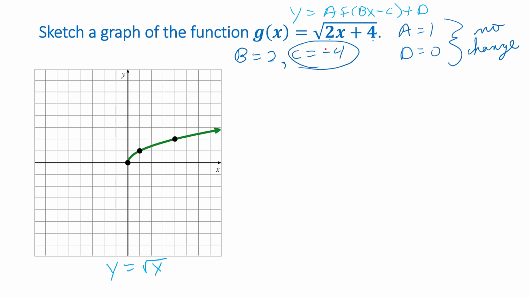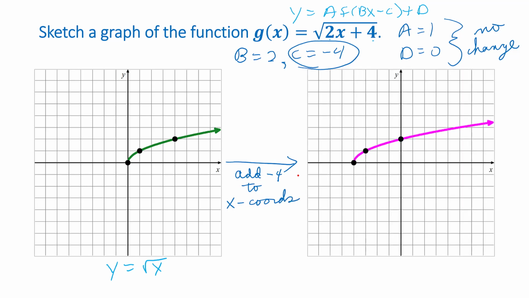What do we do with c? Well, c equals negative 4 tells us that we need to add negative 4 to the x-coordinates of our original graph. And if we do that, here's our new graph that we get from that. So, for example, we started with the point on our original graph, 0, 0.